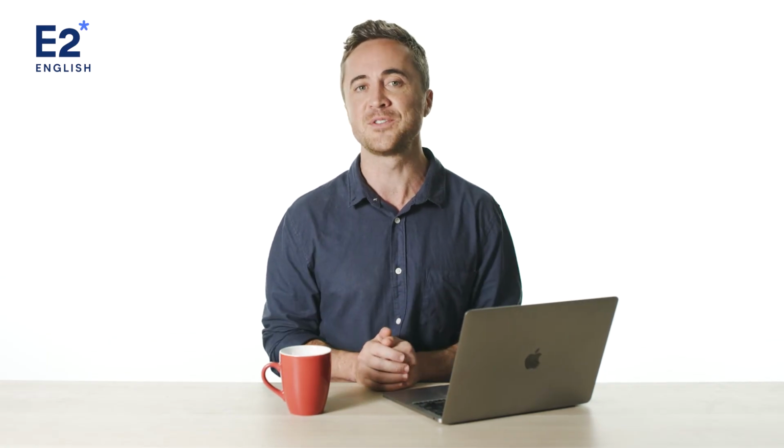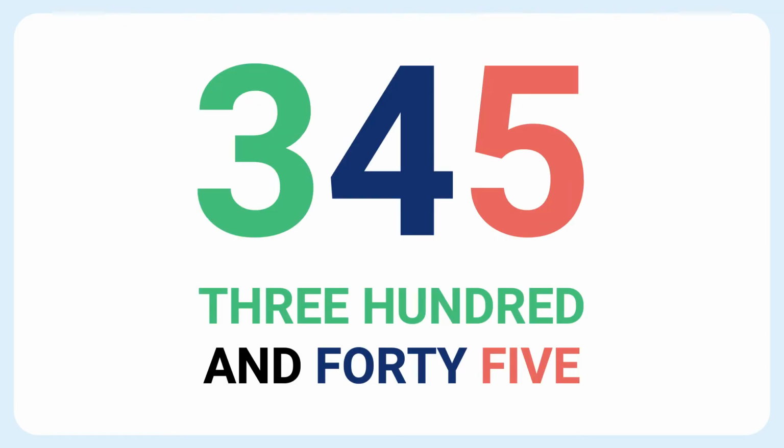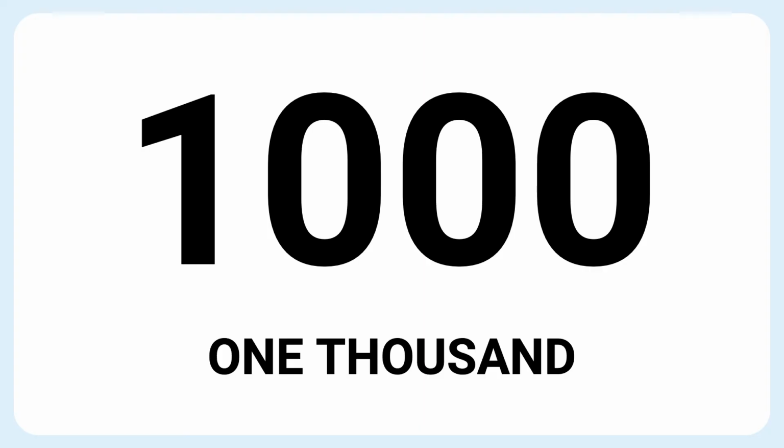Incredible. But what about 100 to 100,000? To spell 100, you write 1, O-N-E, space, 100, H-U-N-D-R-E-D. 200, 2, T-W-O, H-U-N-D-R-E-D. 300, 400, 500, 600, 700, 800, 900, as well as 345, 999, and for 1,000, you simply write 1, O-N-E, space, 1,000, T-H-O-U-S-A-N-D.